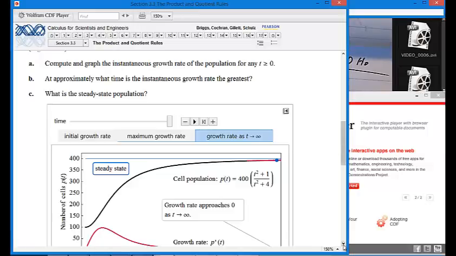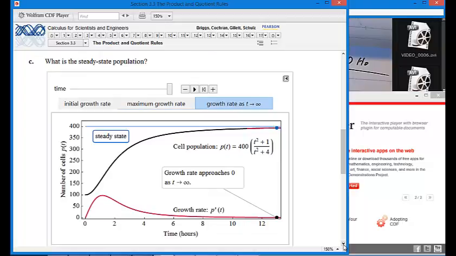Okay. Do I believe that? I guess maybe I'll try something like, what is p prime of 1? 2400 over, this would be 1 plus 4 squared. So it's 2400 over, well, 5 squared, right? Which is what? 25.